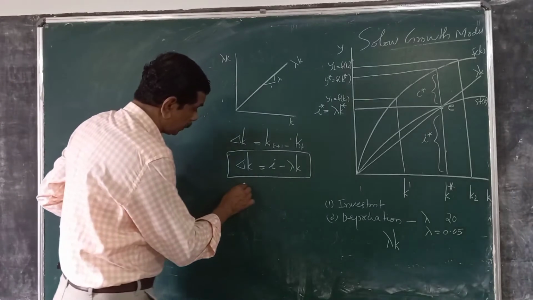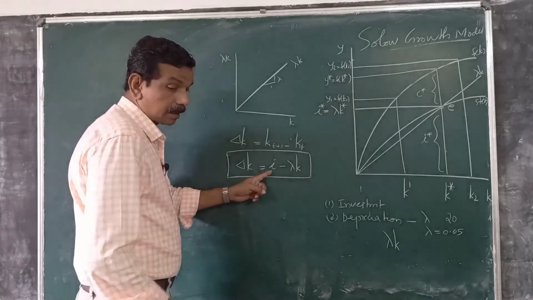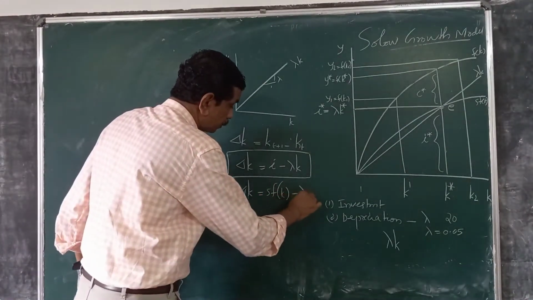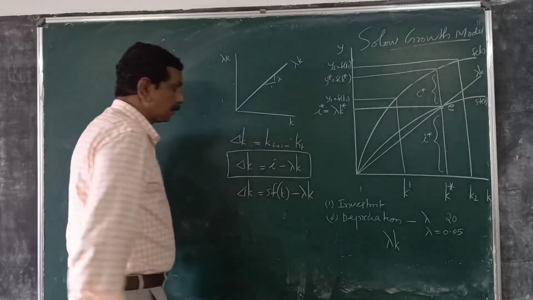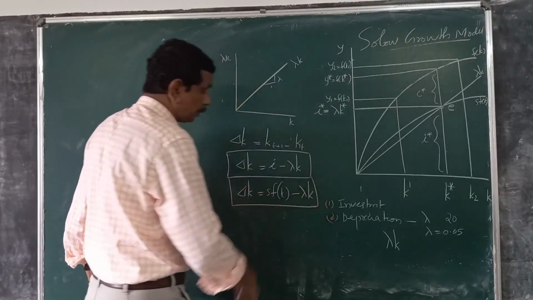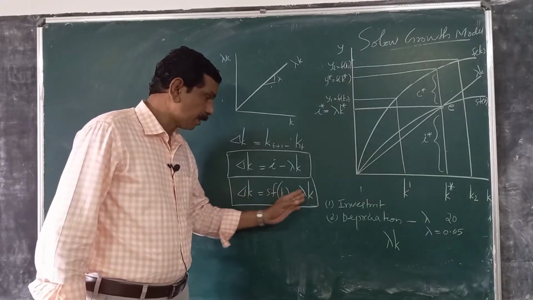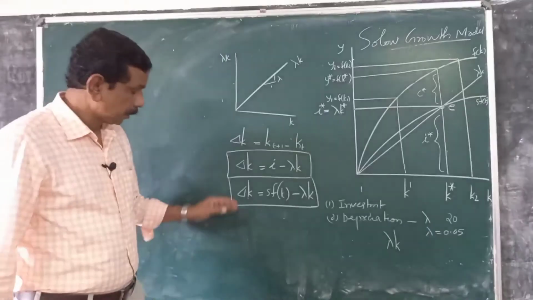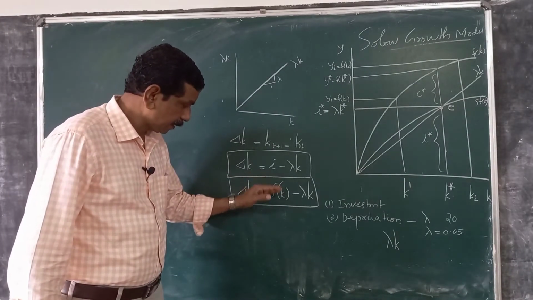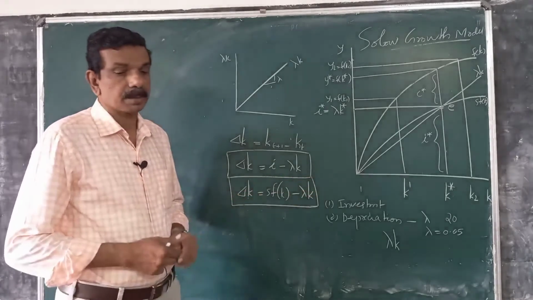So substituting in the relationship we have discussed earlier, delta k is equal to, I was written as S of k, minus lambda k, and this equation is the fundamental equation in the Solow growth model. Delta k is equal to S of k minus lambda k. That is, change in capital per head is equal to saving or investment per head minus depreciation per head.